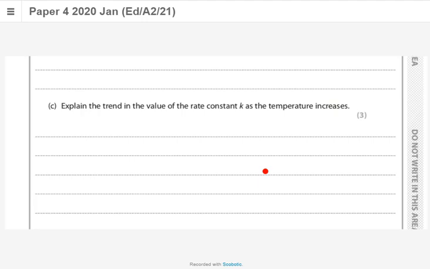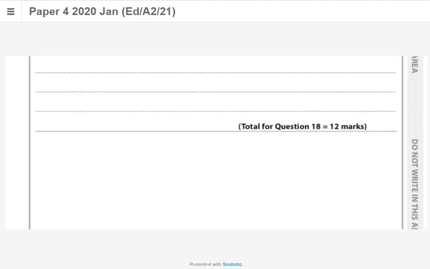As the rate of reaction increases, the rate constant will increase. So that's the 3-mark question. That's the end of that one.